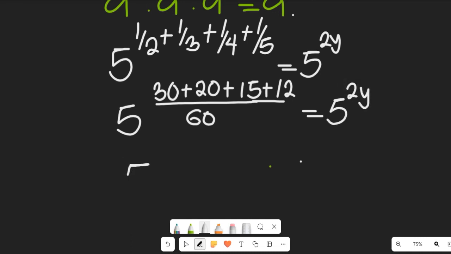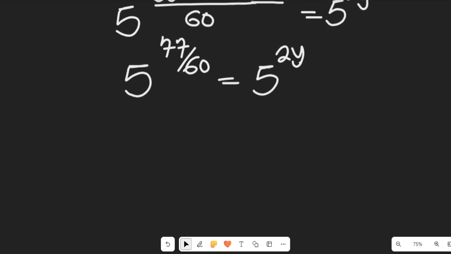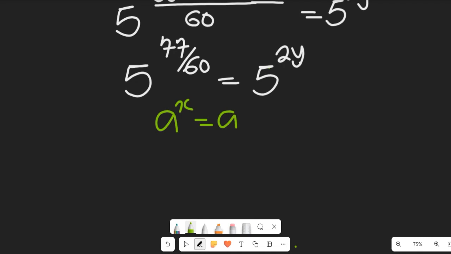If we sum up the numerator of that fraction, we have 77 divided by 60, and this will be equal to 5 to the power of 2y. Great. Now, we'll come back to a law of indices. If we have a to the power of x equal to a to the power of y, as long as they have the same base, then x is equal to y.